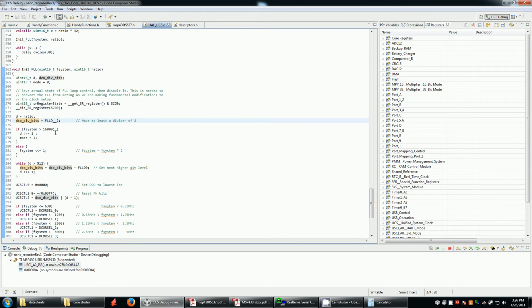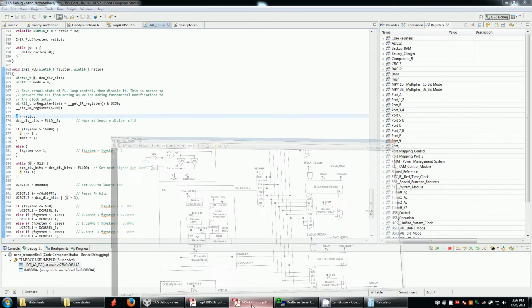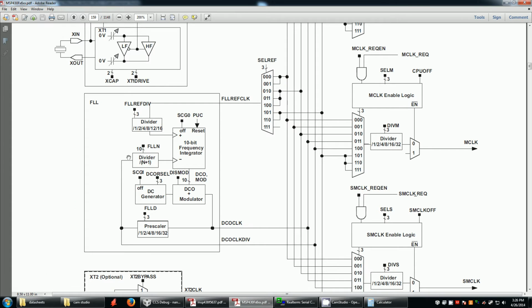That's the overflow, remember? D is actually going to hold the value for this FFLN, the n plus 1. And so if D is less than 512, we can just load D into FFLN, leave this as 1, and we'll get our division.